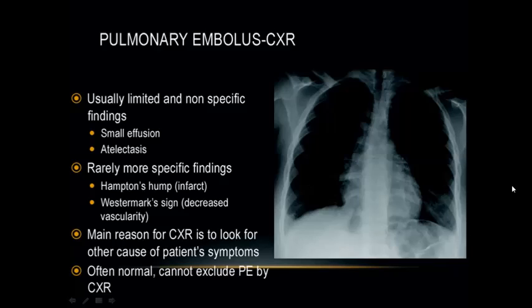Usually limited and non-specific findings such as small effusion and atelectasis may be confirmed by X-ray, but not more. The main reason for X-ray examination in suspicion of pulmonary embolus is to look for other causes of the patient's symptoms.